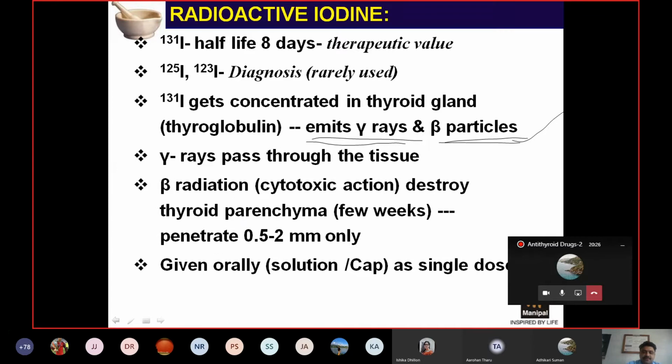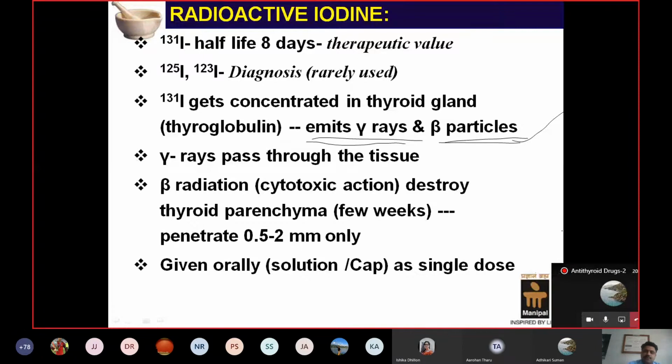And don't confuse, it is given orally, and the dose is calculated in millicurie. So yesterday's class we talked about that. If you have any doubt you can ask, otherwise I will proceed from here for today's class.